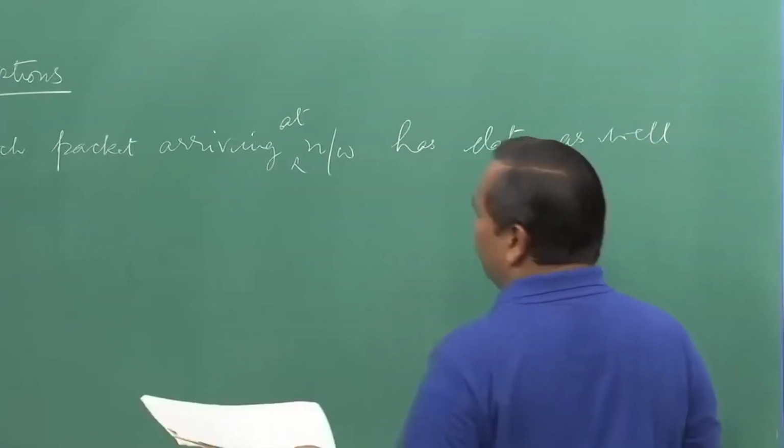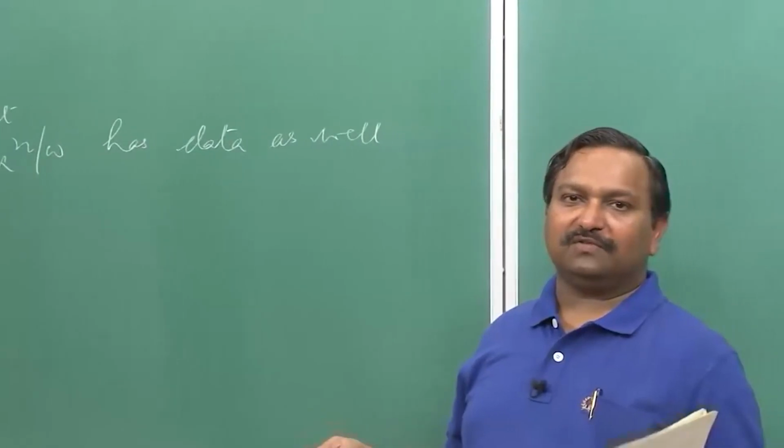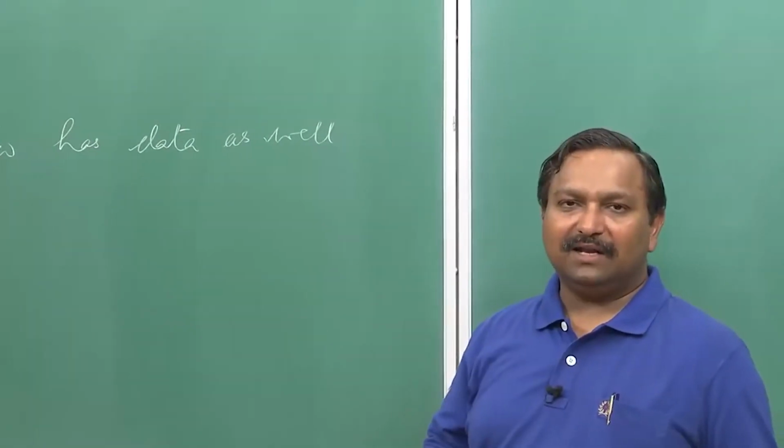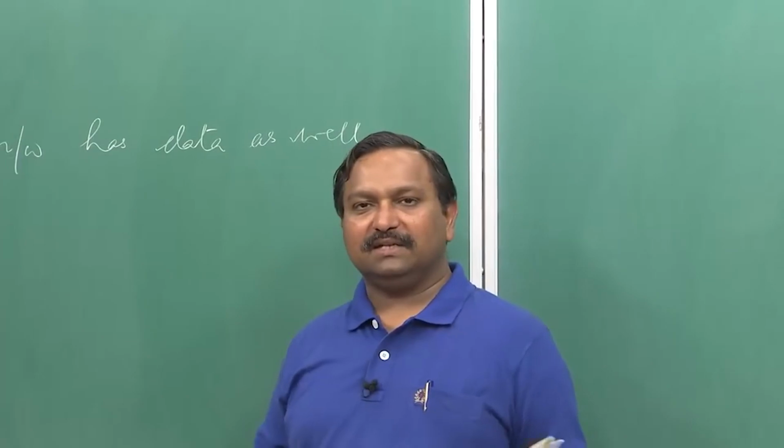Mostly when the packet comes at the input, there is a processor board which will insert a tag or a label which will be used for self routing inside the switching network.